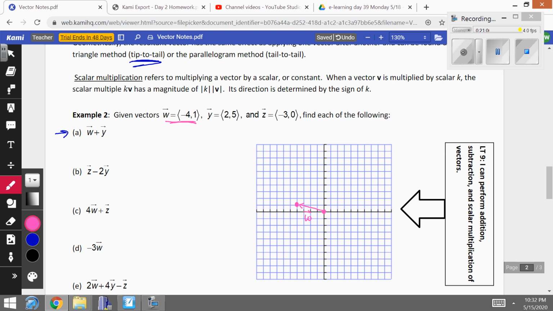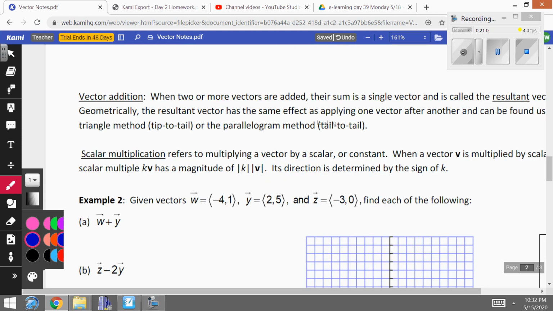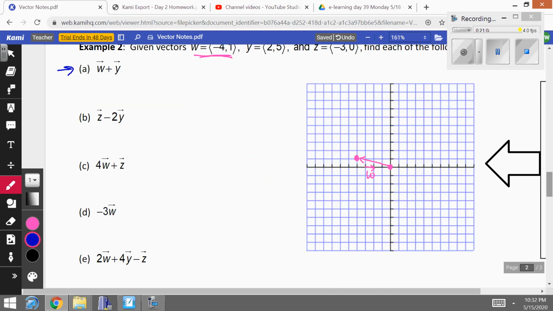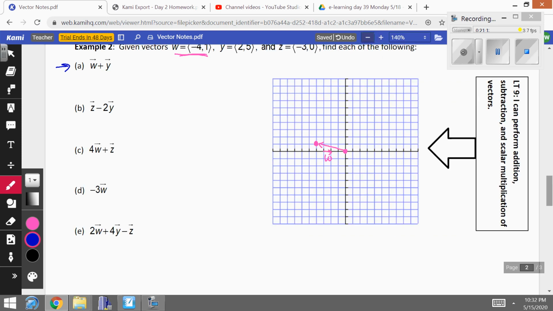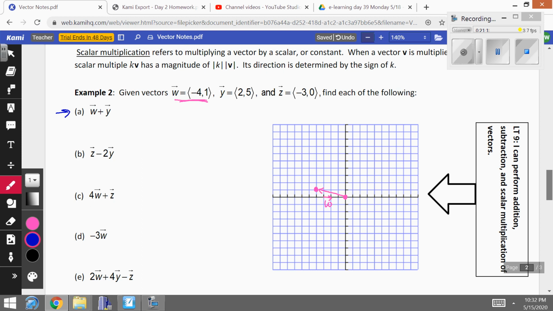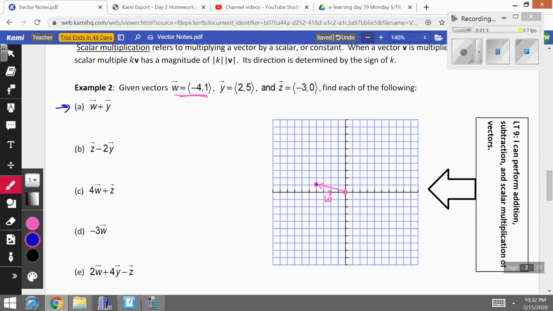That is vector W. Now, if we are adding vector Y to that, what we're going to do then is, from that point, from the terminal point of the other vector, I'm going to go from there. So our horizontal component is 2, so I'm going to go 2 to the right, and then vertical component is 5. So 1, 2, 3, 4, 5.